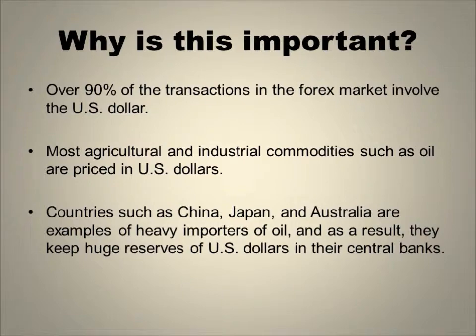And we also need to know that many countries around the world, such as China, Japan, and Australia, don't have their own supply of oil, so they have to import oil from other countries.